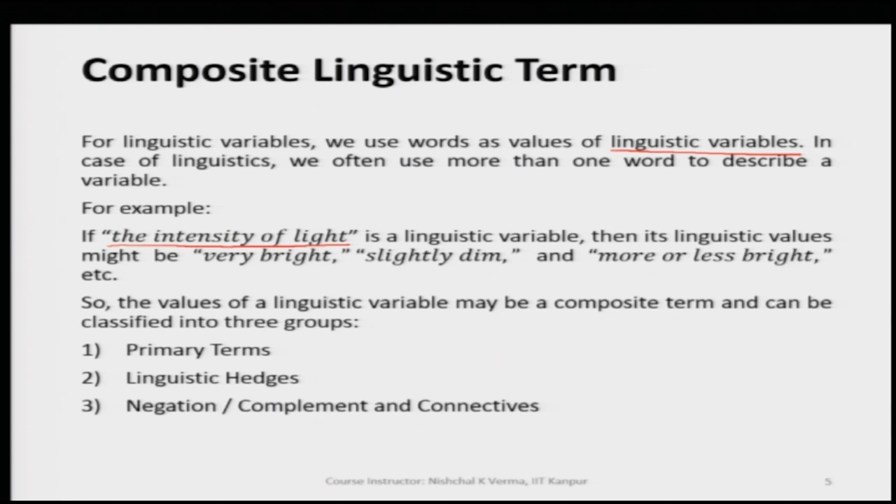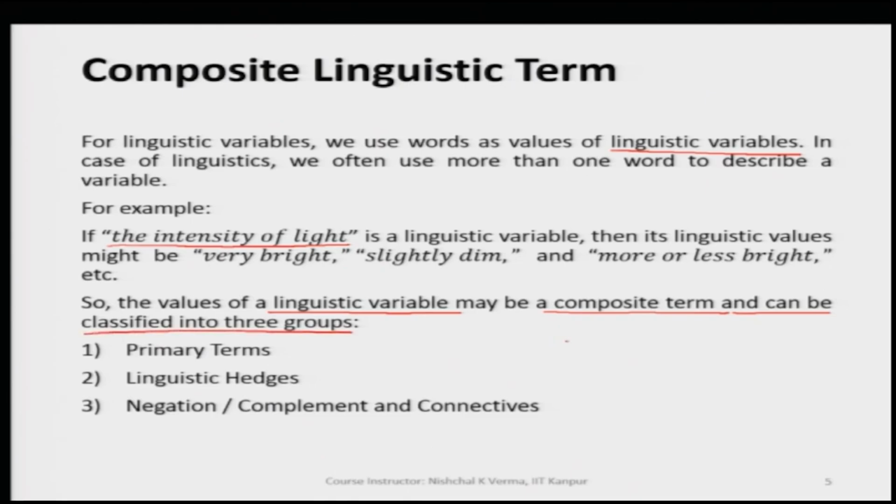So, the linguistic variables we see here, the term set which we have for linguistic variables, can further be generated, and let us now understand first that the linguistic variable may be a composite term and can be classified into 3 groups.